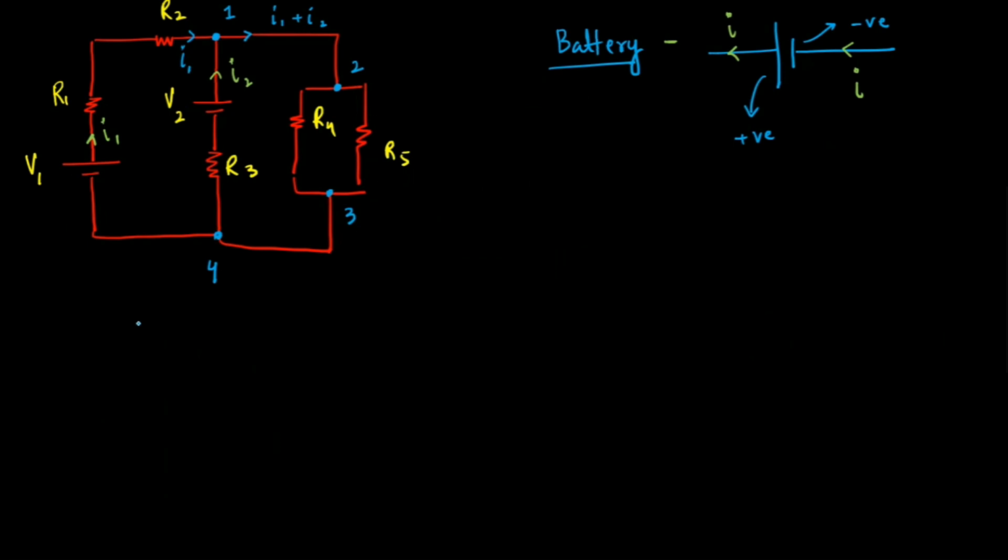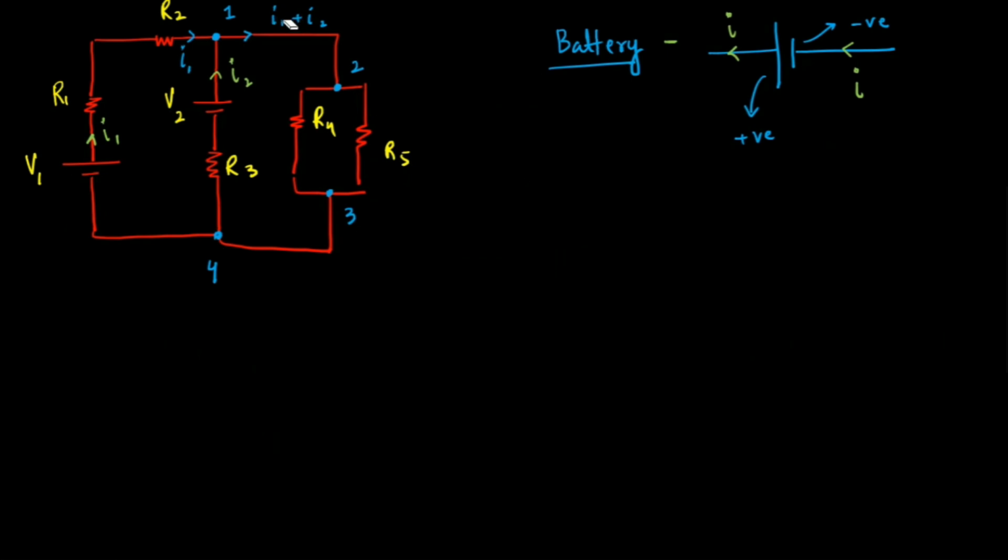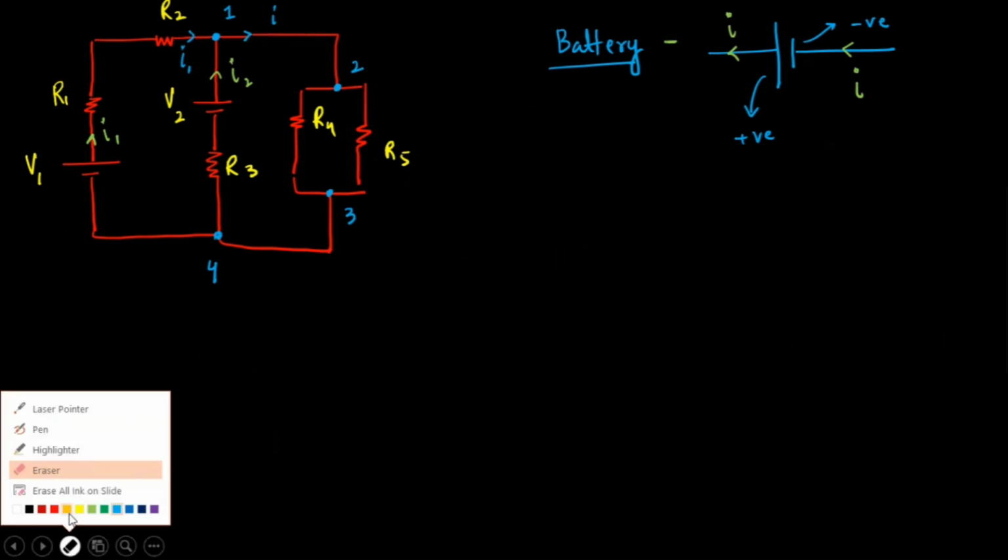Whatever current is coming into the junction must be equal to whatever current is going out of it. So I can assume that there is some current going out from this particular junction 1.